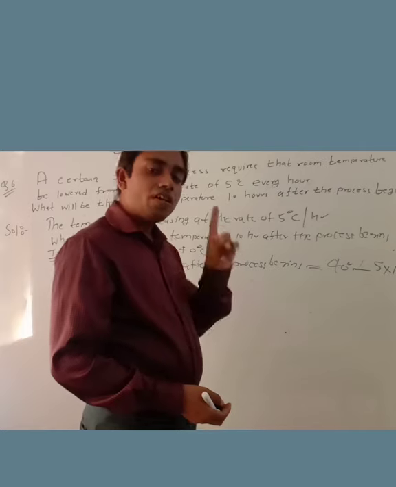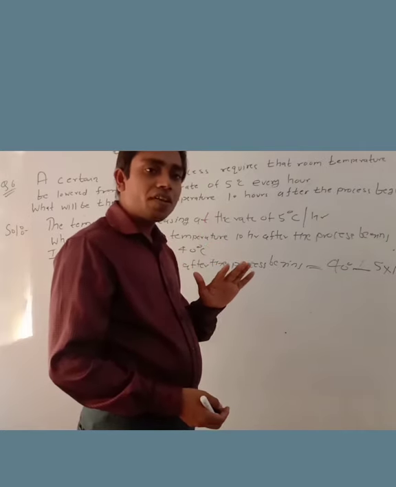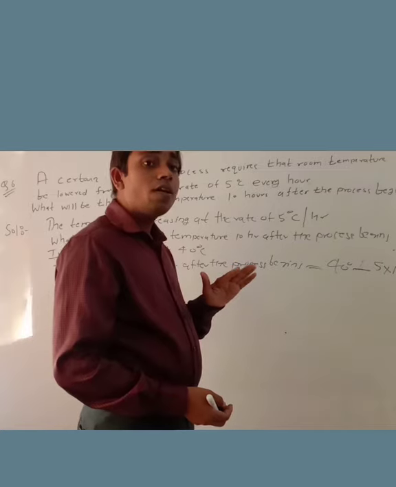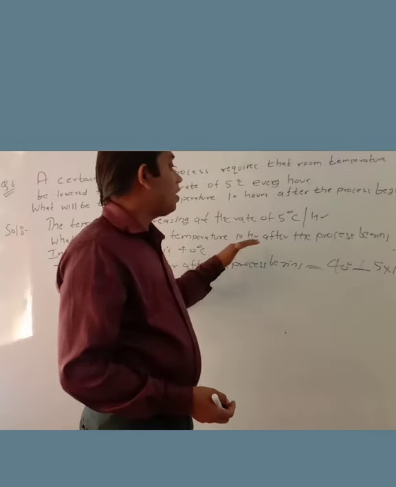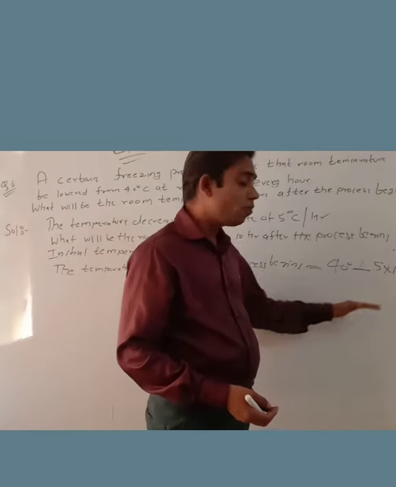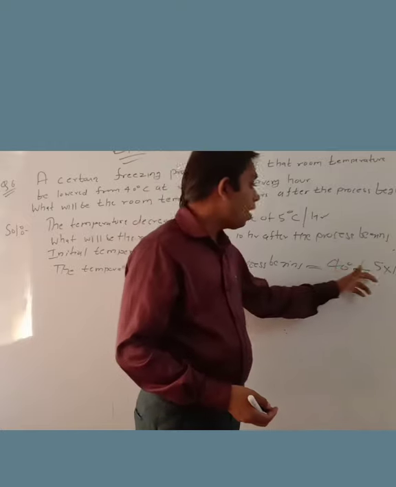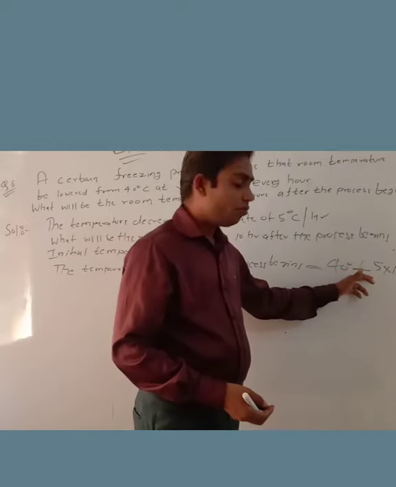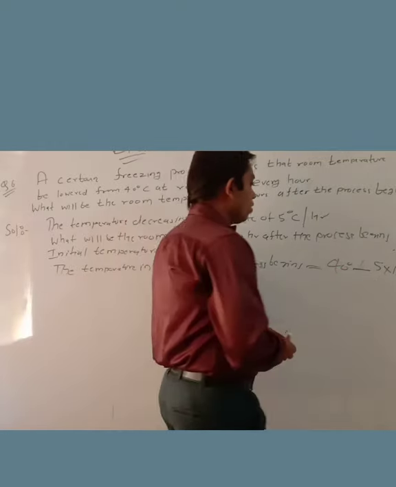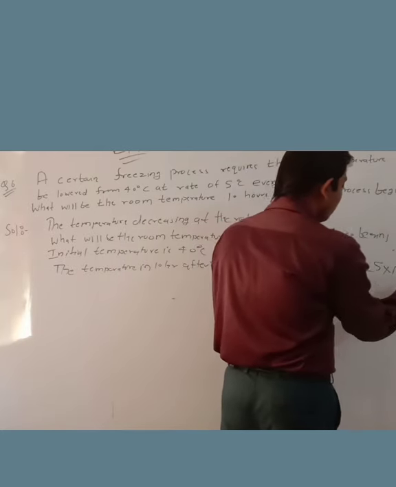So definitely initially the temperature was 40 degrees Celsius. When 50 degrees Celsius of temperature decreases, then what will be the temperature in 10 hours after the process begins? What to do? Definitely we will do the subtraction. Why did I write the minus sign here? Because temperature is decreasing. Now 40 degrees Celsius will be as it is. 5 10s are 50 degrees Celsius.